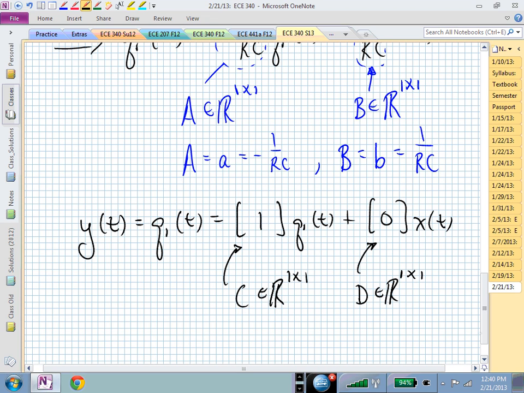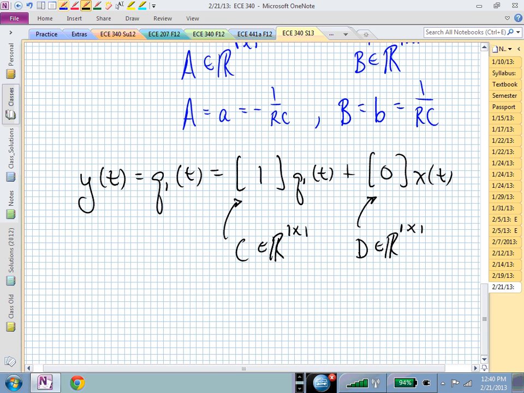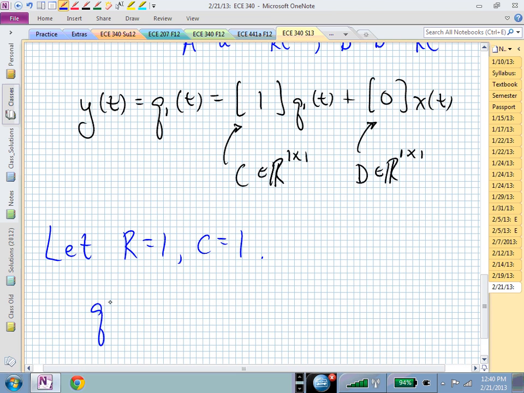Let's go ahead and simplify this a little bit by selecting some values, and you know which ones I'm going to pick. Let's just make them 1. And now we end up with our equations being q prime of t is equal to the A matrix, which is just minus 1 over RC, becoming minus 1, plus the B matrix times the input.